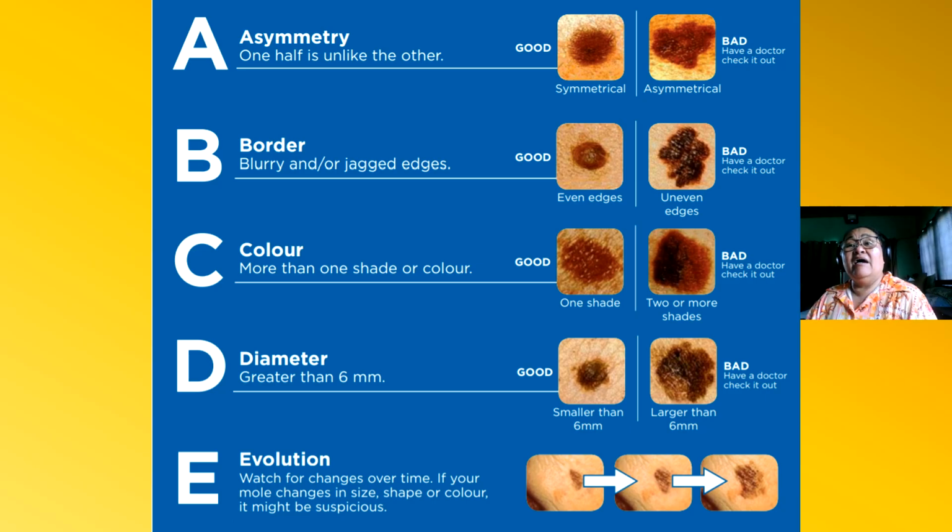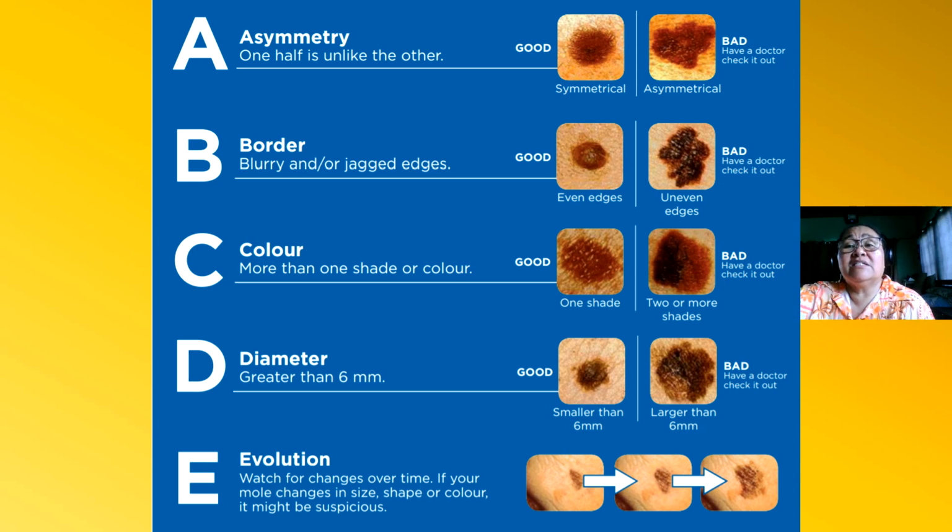It is an easy memory tool that helps us recognize the warning signs of melanoma, the deadliest type of skin cancer. So when examining a mole, remember the letters A to E. If a mole has one or more of these features, it should be checked by a healthcare professional.